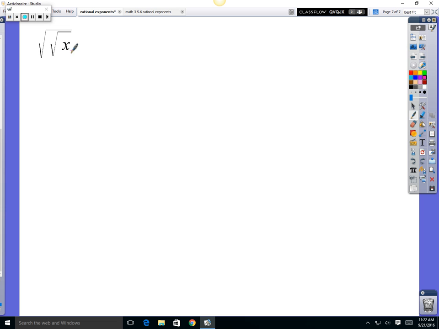Square root of x. I guess the square root of the square root of x. Okay, morph this. If you have the square root of x, that's a 1, that's a 2, that will morph to x to the 1 half. So let's plug that in there. So we're going to go square root of x to the 1 half.